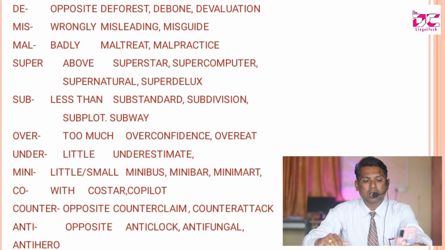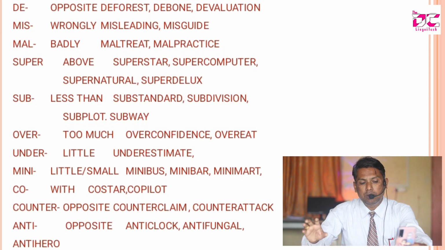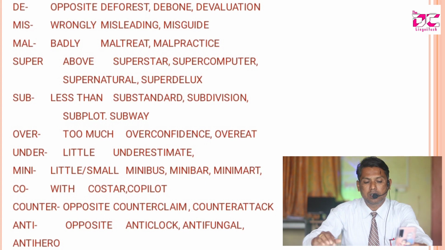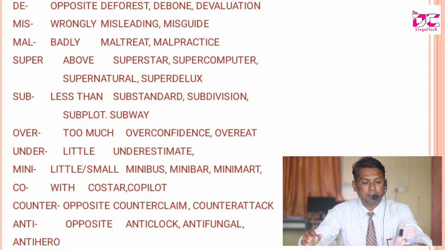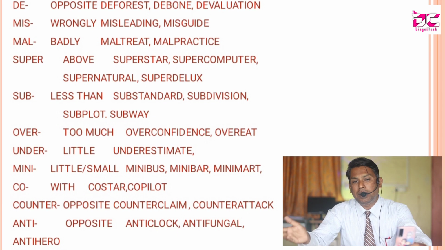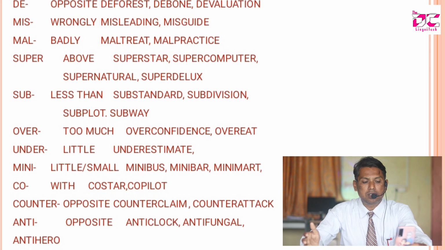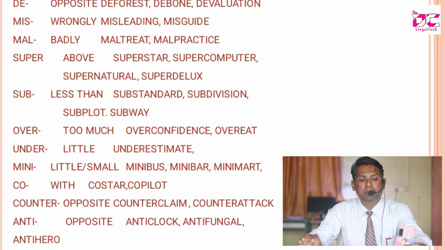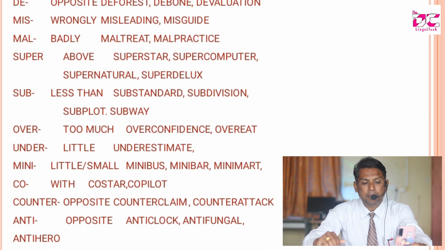Deforest, debone. Debone is used for fish. When you remove the bones, we can say debone. Devaluation. Devaluation is opposite to evaluation. Or like demerit. Next one is mis. Mis is wrongly, like misbehavior, mistreat, misguide, etc.